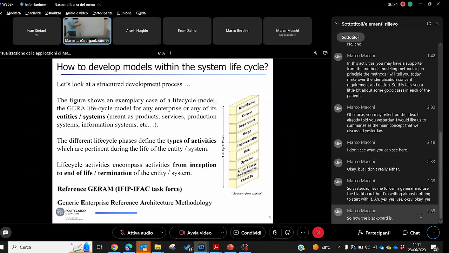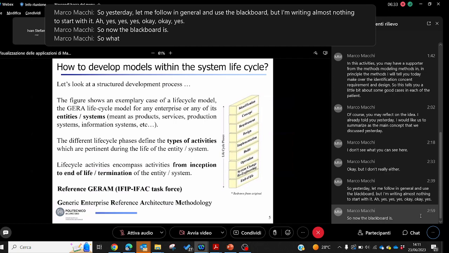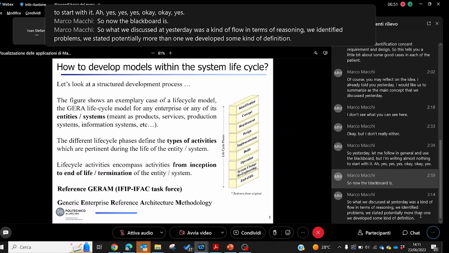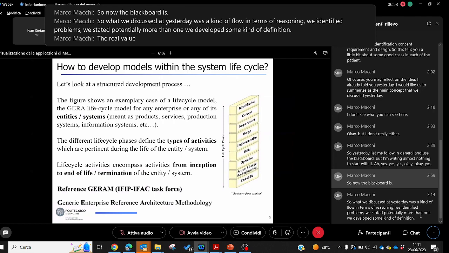So what we discussed yesterday was a kind of flow in terms of reasoning. We identify problems. We state the purpose, potentially more than one. We develop some kind of definition of what is the real value we will get from the system.